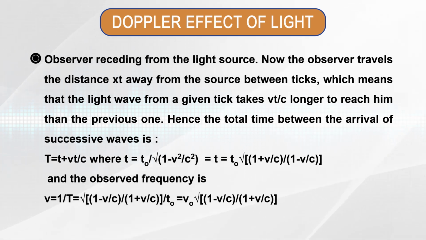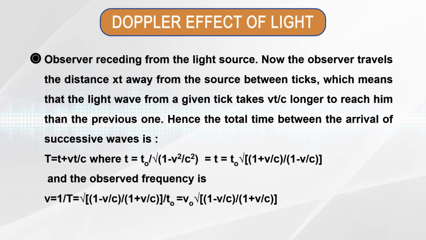If the observer is at rest and the light is coming to the observer at time t, and the observer is moving away from the source, the light will take some additional time to reach the observer, and that additional time will be equal to vt upon c, where v is the velocity of the observer, because in that time the observer moves away by a distance vt.